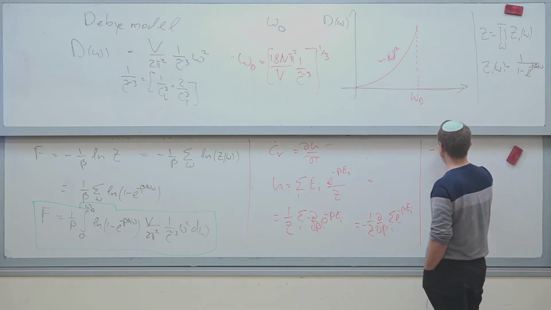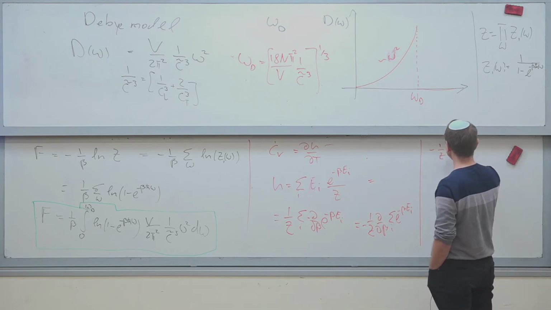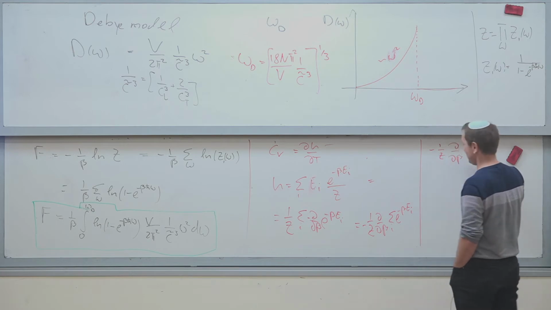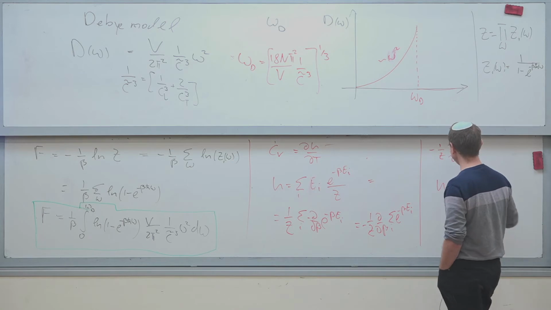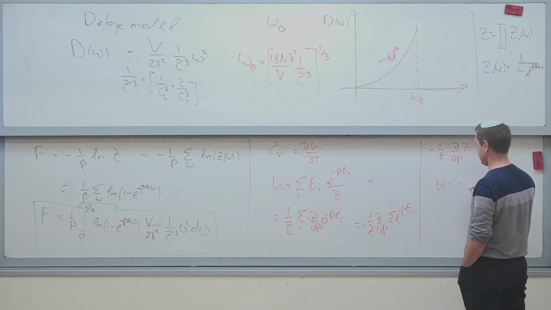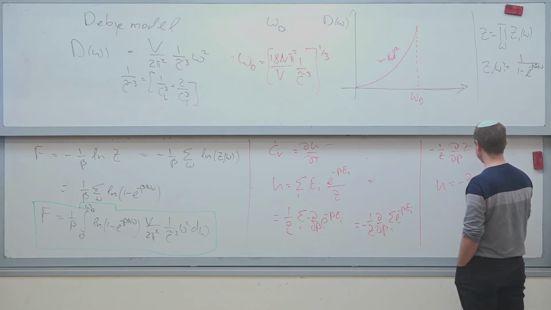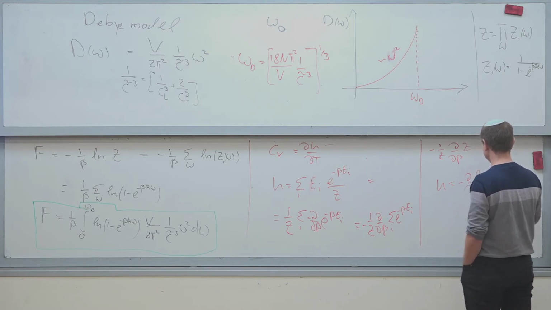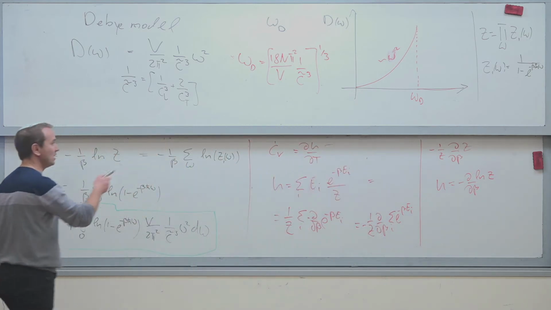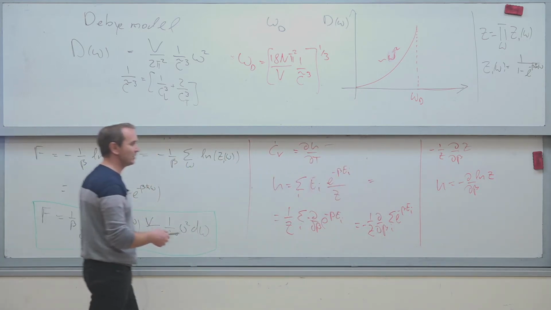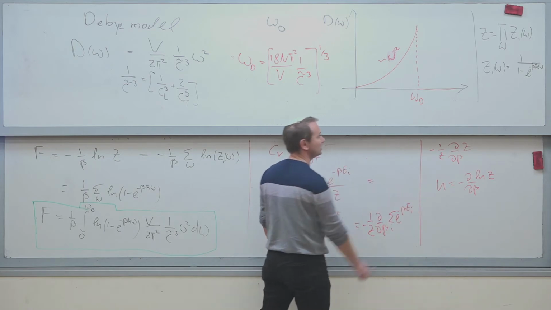So we have minus 1 over Z d/d beta of Z, and we obtain the formula that U equals minus d/d beta of log of Z. So the moment I know what log Z is, I take the derivative with respect to beta, and I have the average energy in the system.